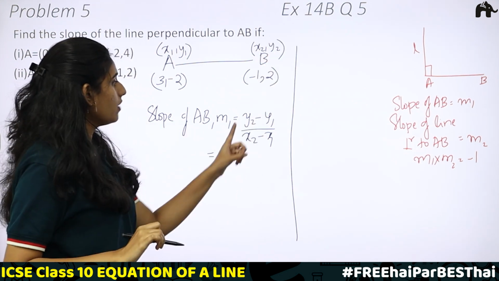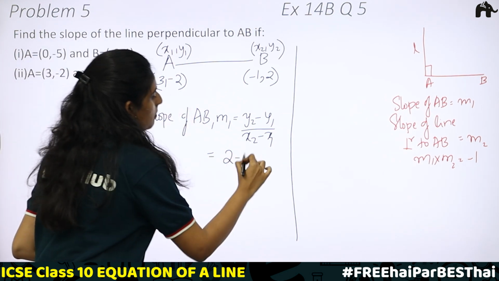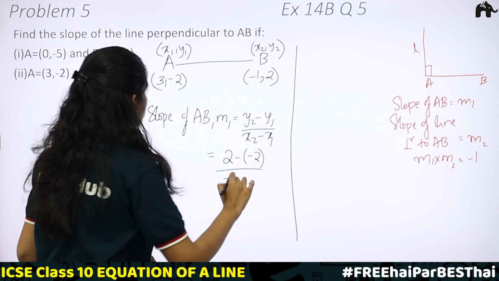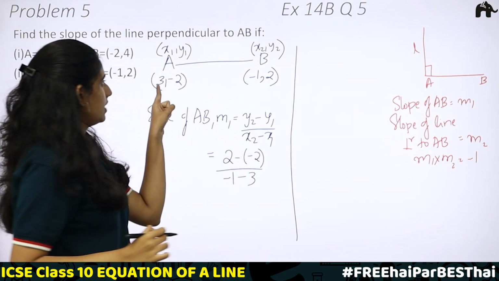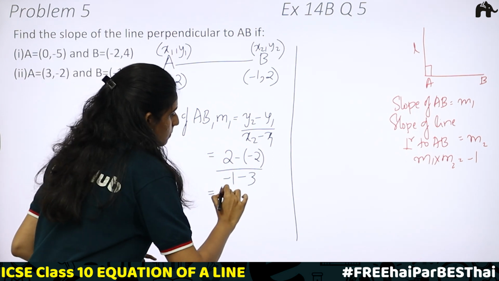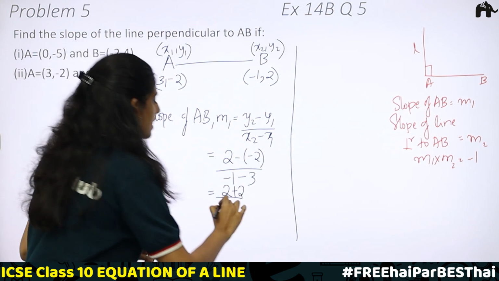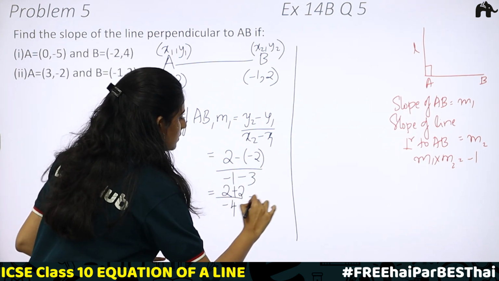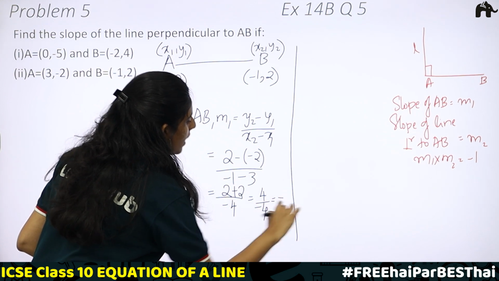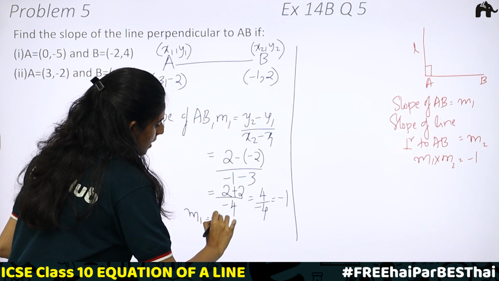That is equal to y2 minus y1, y2 is 2 minus y1 is minus 2, divided by x2 minus x1, minus 1 minus 3. x1 is 3. That is equal to 2 minus of minus 2, 2 plus 2, divided by minus 1 minus 3, minus 4. That is 4 divided by minus 4, which is equal to minus 1. Okay, we got m1 is equal to minus 1.